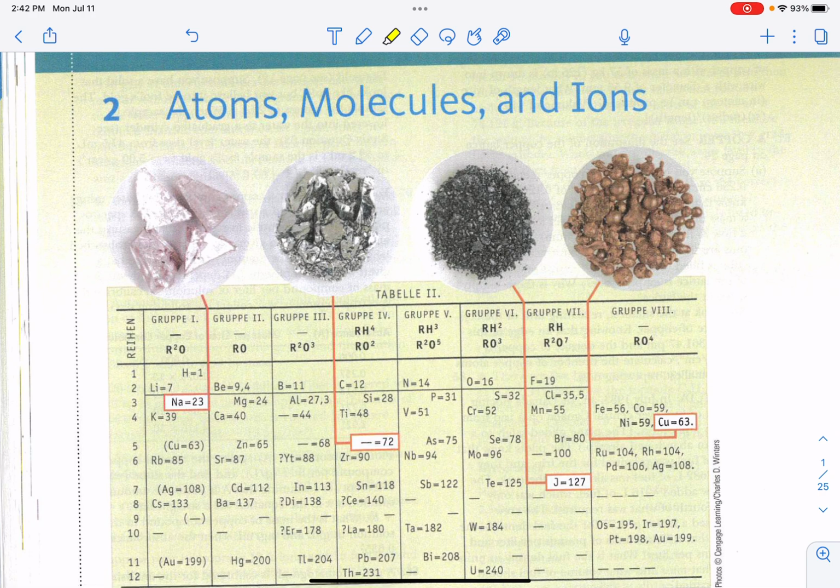Atoms, Molecules, and Ions. And when we think about first-year chemistry at any level, you need to be thinking about little teeny tiny particles moving around and perhaps colliding with each other. And these particles that we normally focus on are either atoms or molecules or ions.